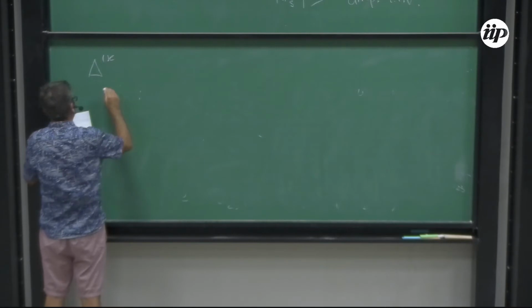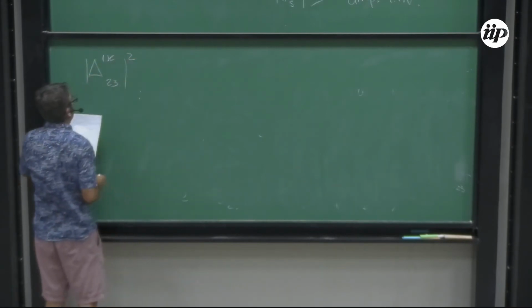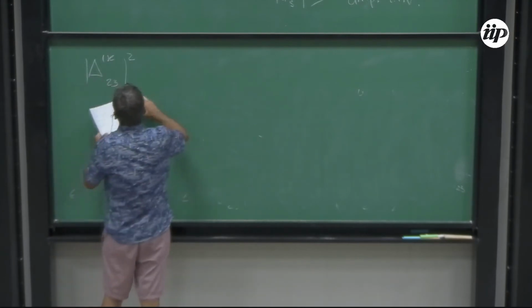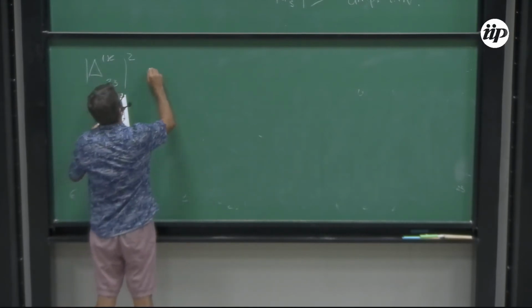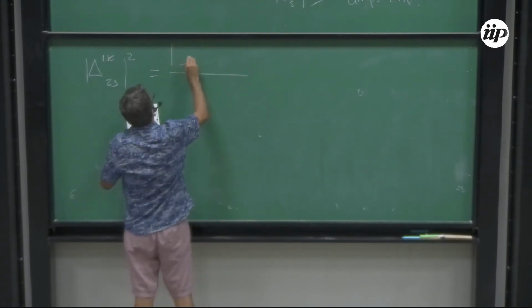What I'm going to do is consider the asymptotic value of this quantity when I take the limit of big time.